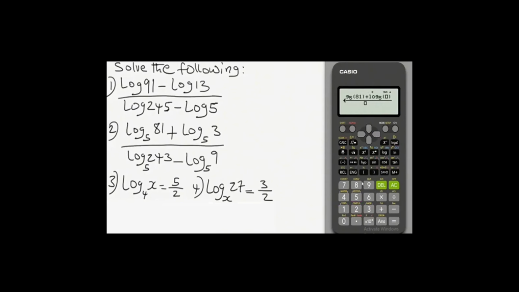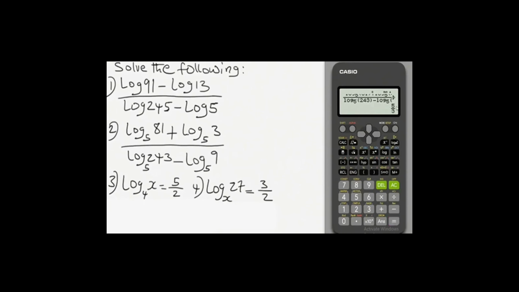Go over here and put 3. Come down to the denominator. So we have log base 5 as well, and come over here and put 243. Alright, then we have minus log base 5, then here we have 9. So that's it, guys. We are good to go. Let's press equal to now to get the answer.